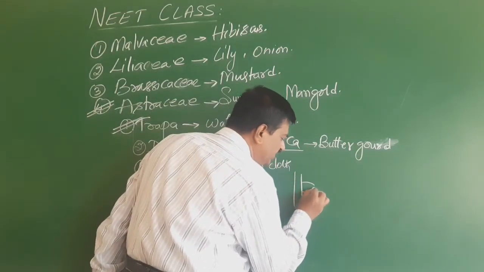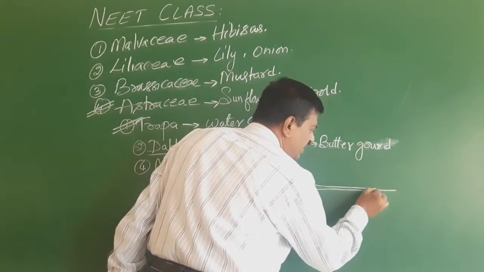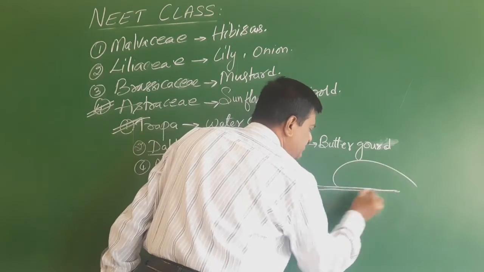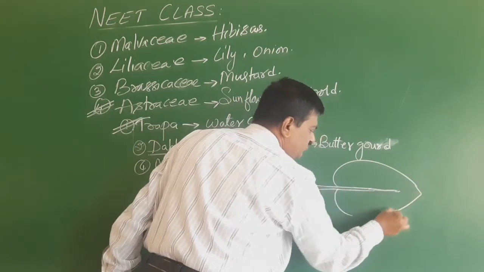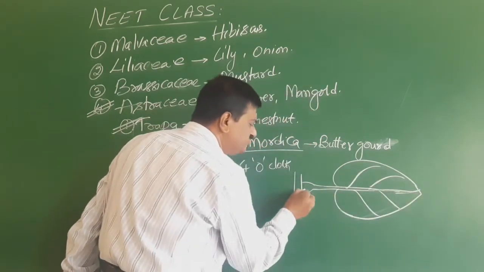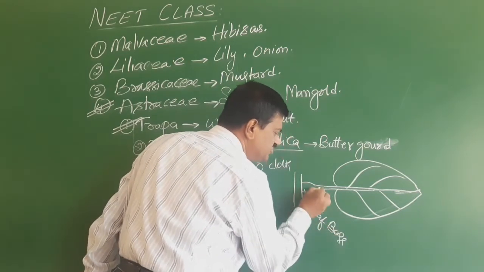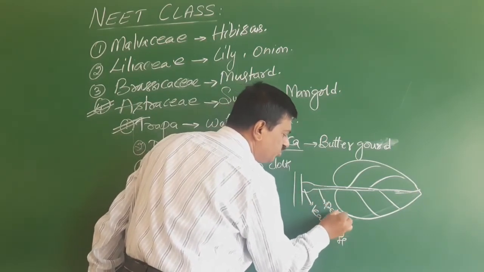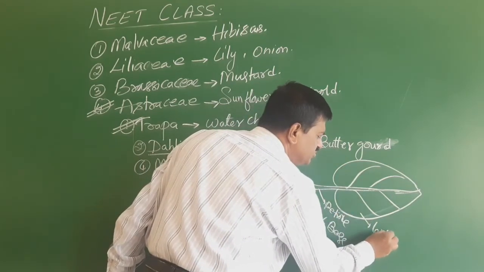One is the leaf base and the other is called the petiole, and this petiole is extended as the midrib, and there is the leaf lamina. So here this is called the leaf base, this is called the petiole, and this is called the leaf lamina. These are the three parts.